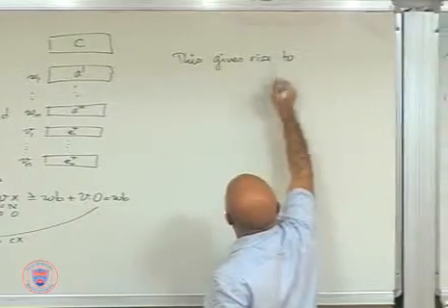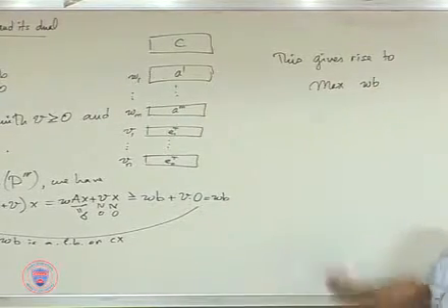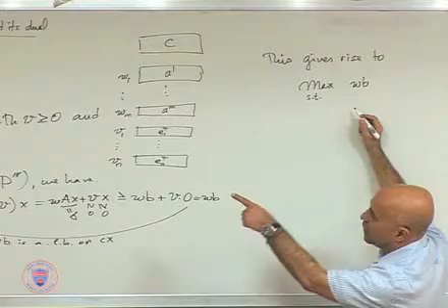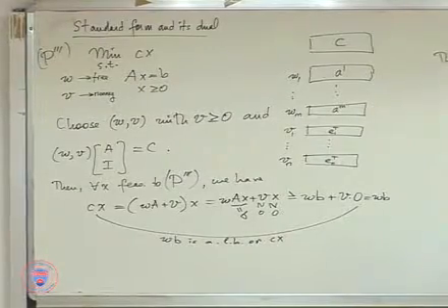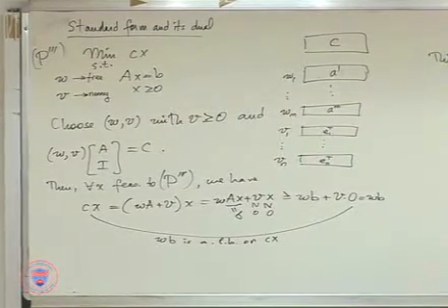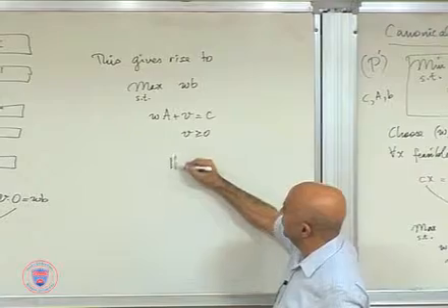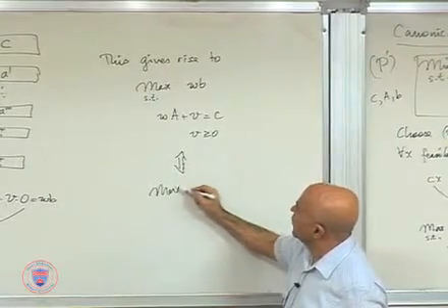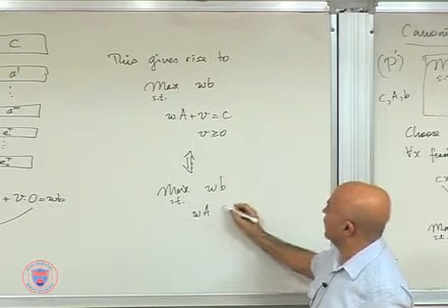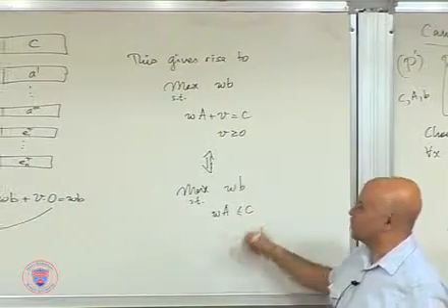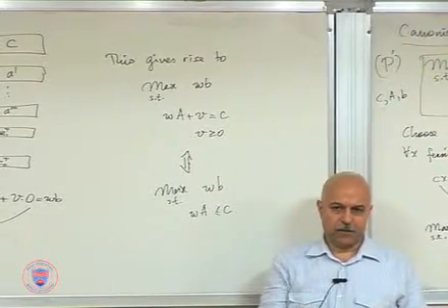This gives rise to a maximization type problem where you push WB upwards subject to WA plus V equal to C with V non-negative, which is equivalent to the maximization of WB subject to WA less than or equal to C with no sign restriction on W. In other words, I'm just dropping V out of the problem because it's just slacks.